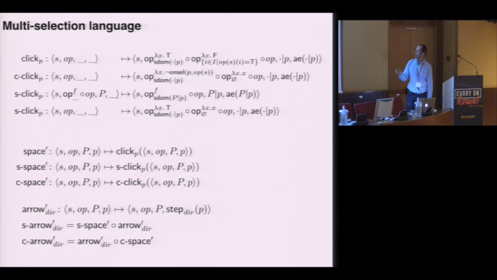Shift click needs another case where if nothing has been selected yet, it's just for that. The space, one could use other key bindings, but these are really just whatever keyboard bindings are chosen. They're defined in terms of the click operations. You just use the keyboard selection there. Okay.